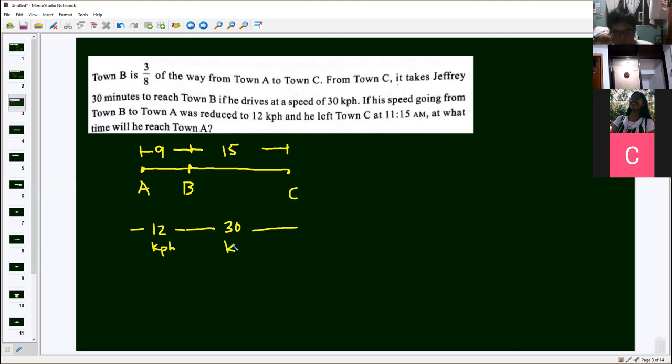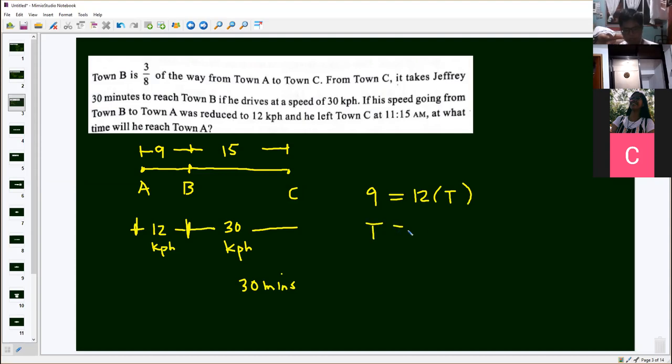It's given, and then reduced to 12. So basically we have the time. The time for this part of the journey is already given, that's 30 minutes. And the time for this part, to cover the rest of the 9 kilometers at 12 kilometers per hour: 9 equals 12 times the time.